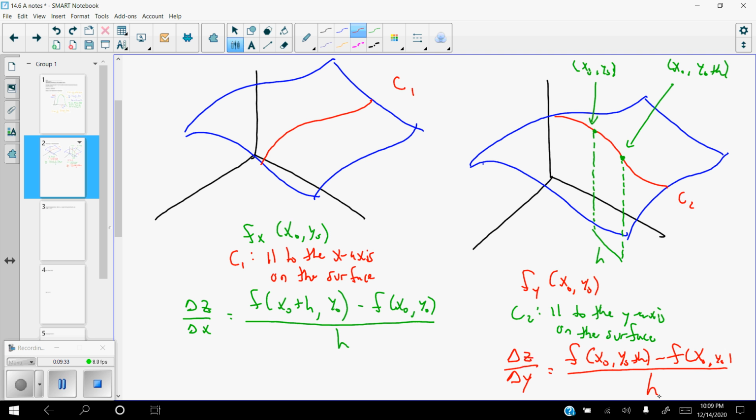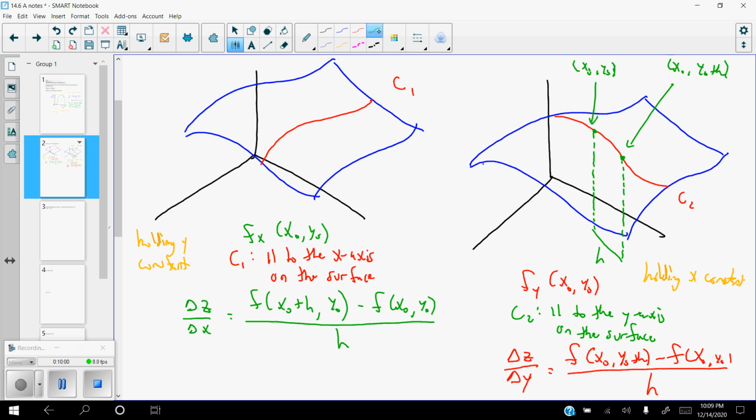And again, you should be able to see that this one was holding x constant, whereas the one over here was holding y constant. So there you've got your partials. Okay, I hope that makes sense.